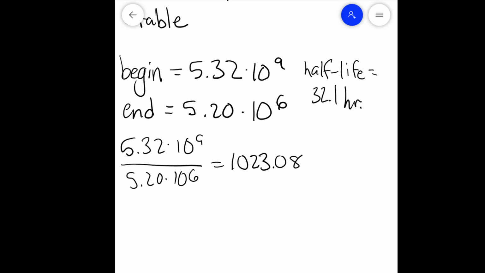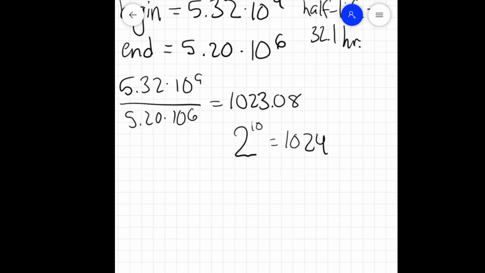And so that equals 1,023.08. Now the way you can think about this, especially if you don't know logs, is 2 to what power would get you around this number. 2 to the 10th gets you to 1,024. So this unknown exponent is 10.